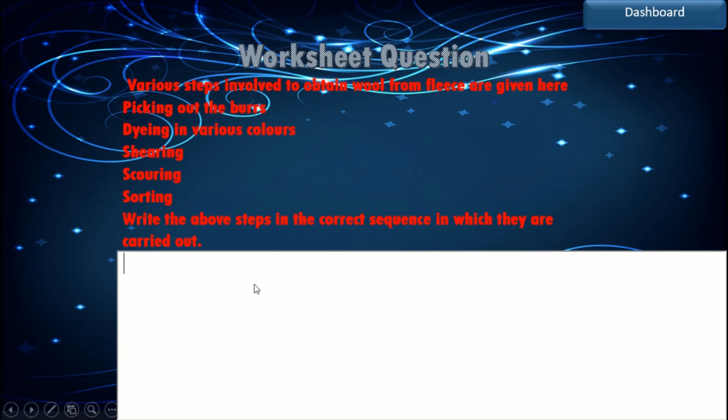Let me write it out. First is shearing. What is next? Next is scouring.